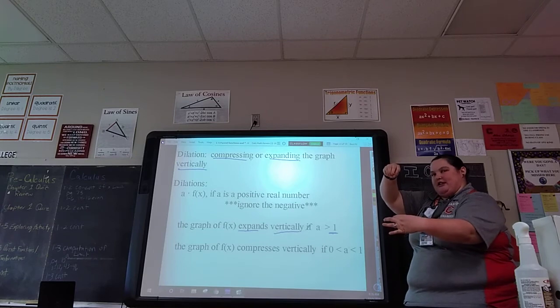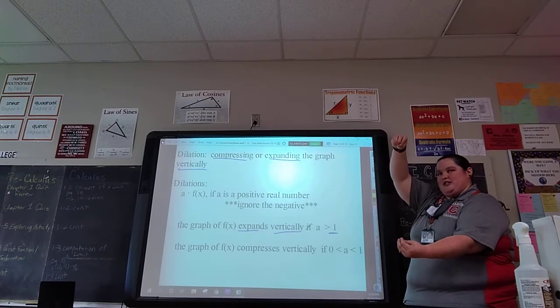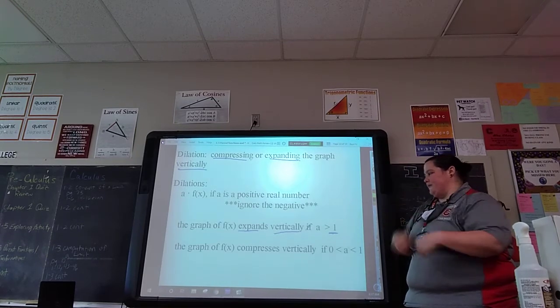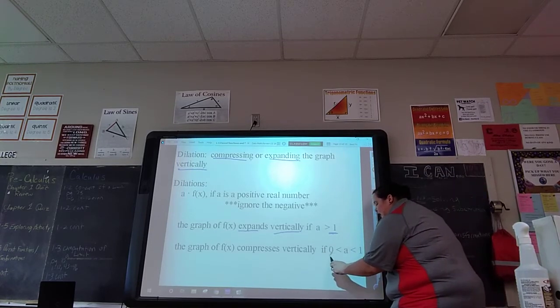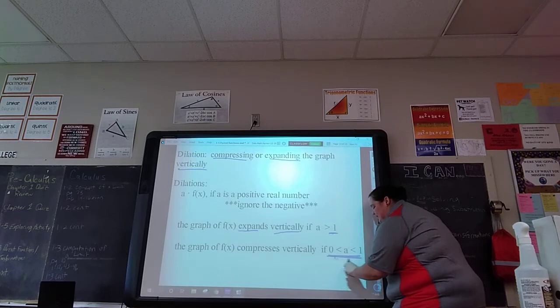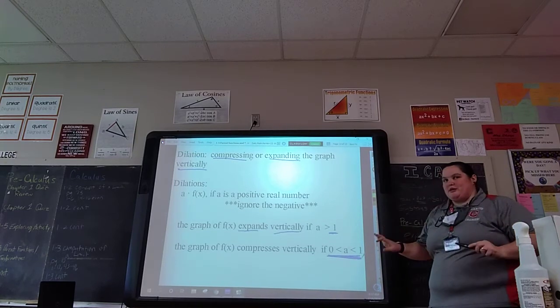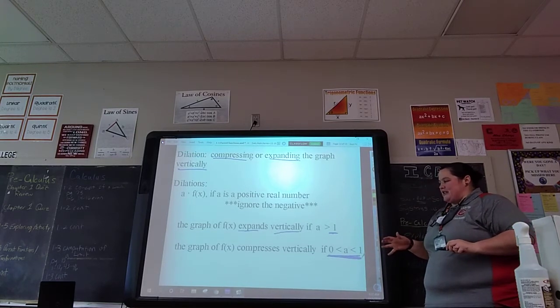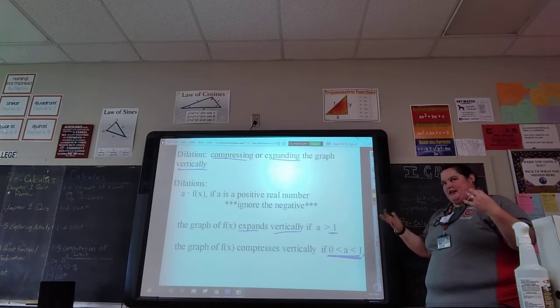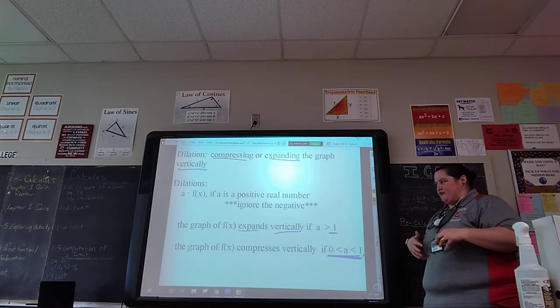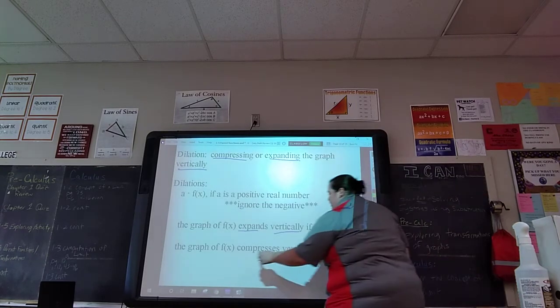It is going to make it thinner horizontally, but it's also going to make it taller. So it's expanding vertically. And then compressing vertically is a very narrow window of when that's going to happen. We actually don't see this one as often, but it has to be numbers in between 0 and 1. Like 1/3 or 1/2. Usually it's some sort of fraction, but that's going to compress it vertically.